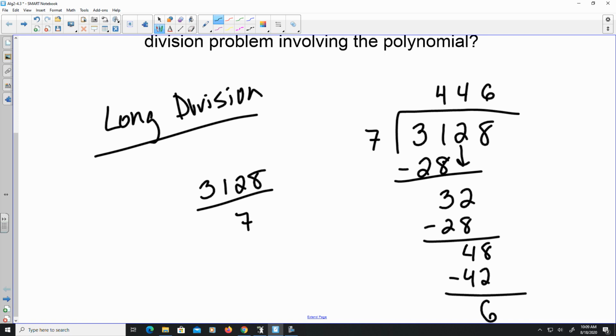Usually you would write it as a remainder of 6, but you can write it as a fraction, where the remainder is 6 and the denominator would be 7. So 3,128 divided by 7 is actually 446 and 6/7. So that's a similar concept to what we're going to be looking at today.